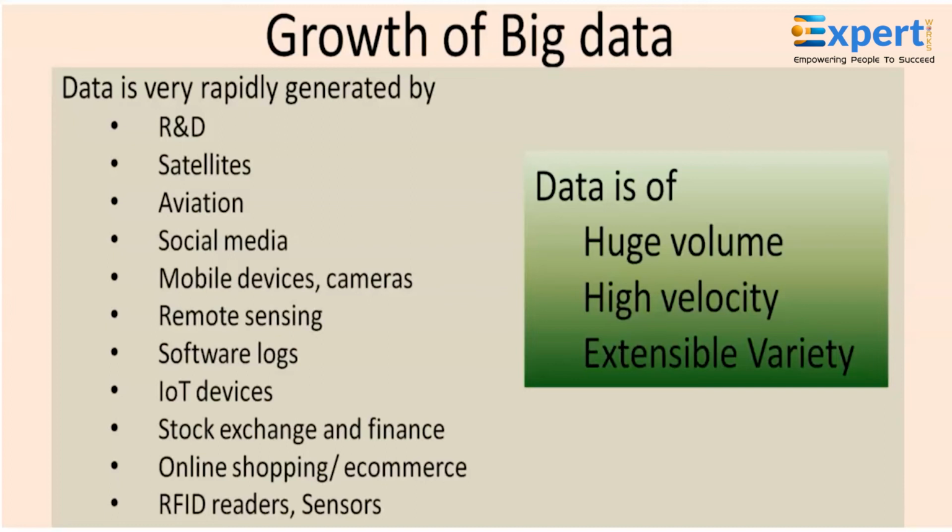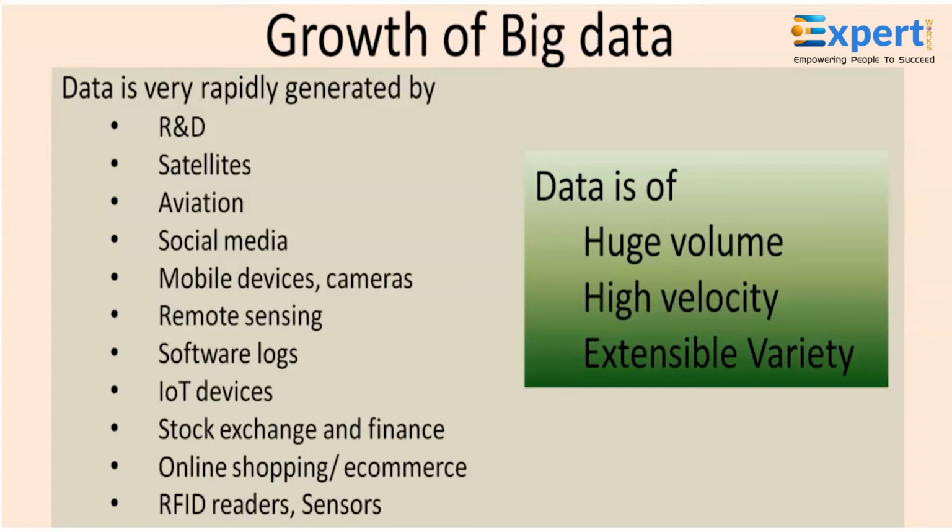So data is generated by not just the internet, but also the research and development department. The satellites moving around the earth are also capturing data. The aviation department, air traffic management control, social media, we have discussed about it, mobile devices, our cameras produce data.